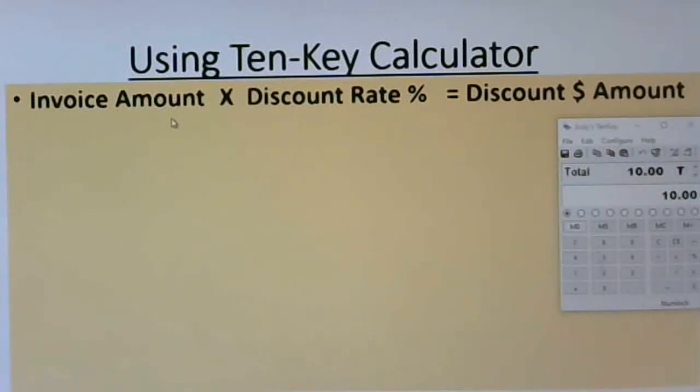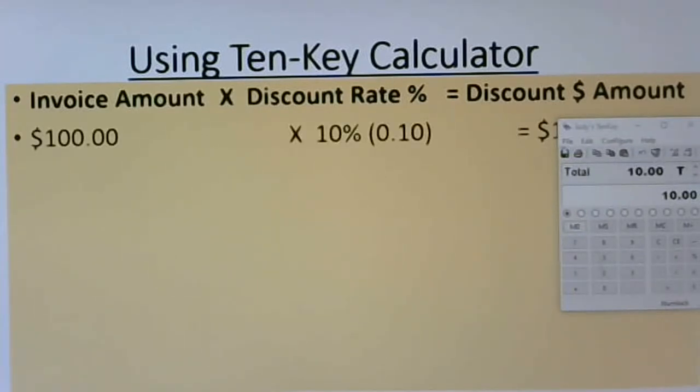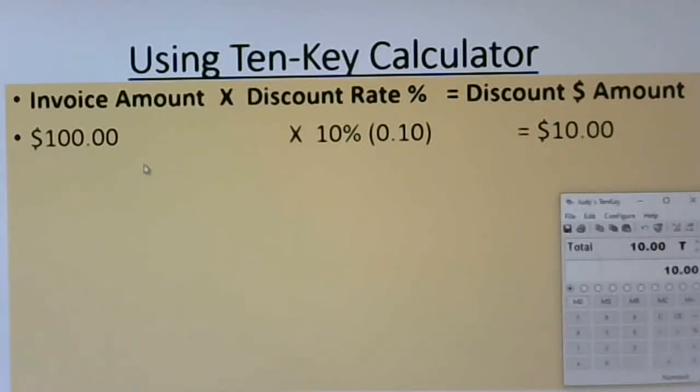So invoice amount times the rate equals the dollar discount amount, the amount that you're going to save. So again, the 100 times 10% equals the savings dollar amount of 10.